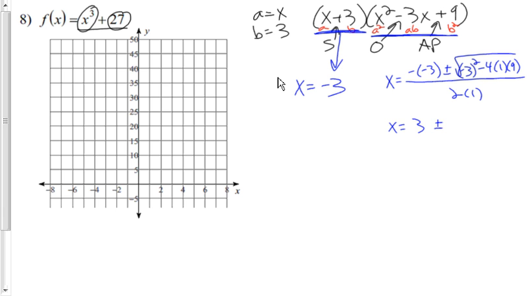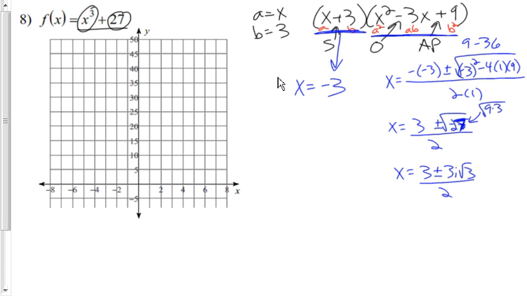That's going to be 3 plus or minus the square root of 9 minus 36, which is -27, sorry, -27, all over 2. So x would be 3 plus or minus, 27 is 9 times 3, which would reduce to 3i root 3, over 2.